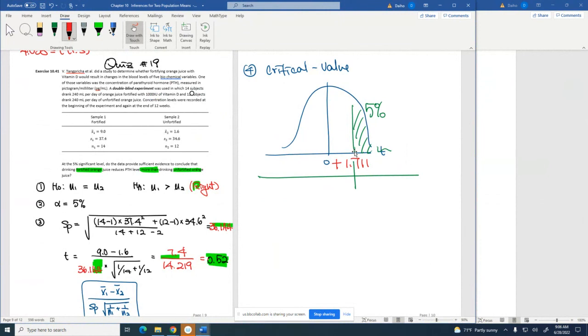Where do we have to reject the null hypothesis? To the left or to the right? To the right, because we had right tail, greater than. So to the right, reject. To the left, do not reject the null hypothesis.